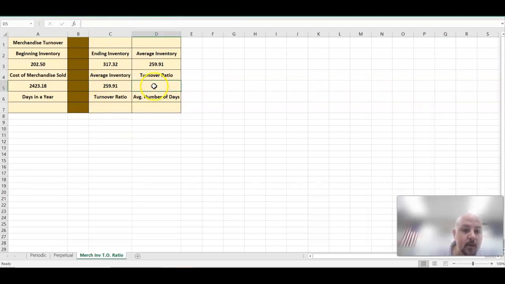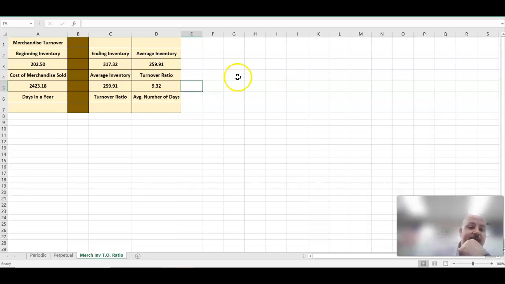We'll take cost of merch sold divided by the average inventory. We're going to get this thing called the turnover ratio, 9.32. That 9.32 means that our inventory turns over 9 1/3 times per year.